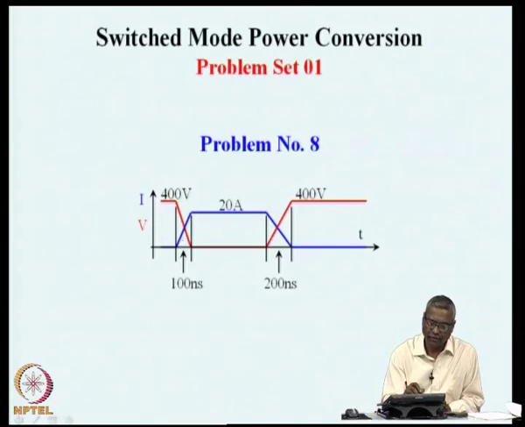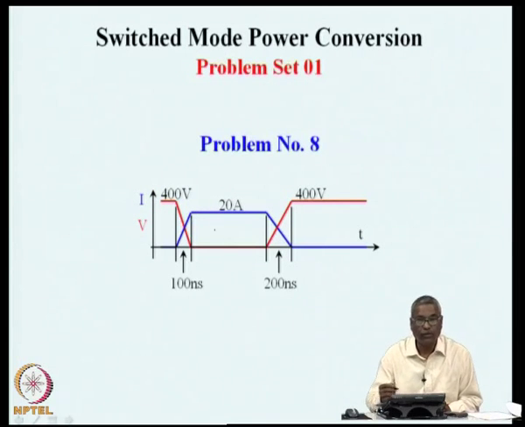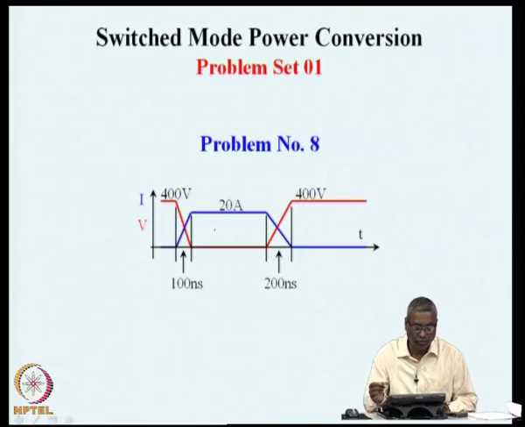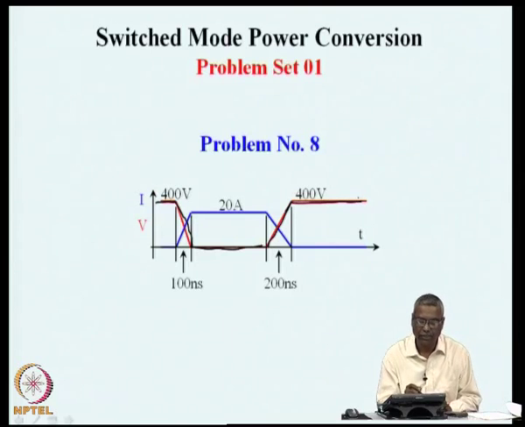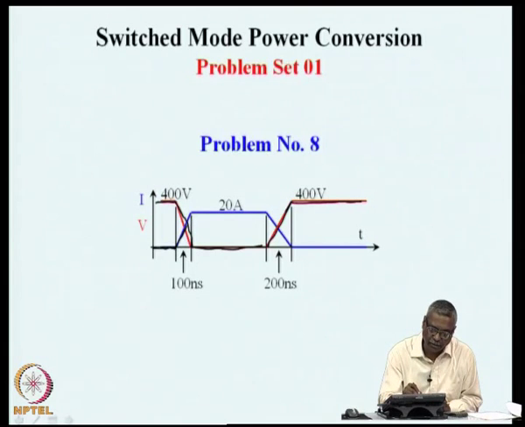You see that the voltage starts with 400 volts, and when the device turns on, this voltage drops down all the way to 0, and then when the device turns off, it jumps back to 400 volts. And correspondingly, when the device turns on, current goes to 20 amperes, and then when the device turns off, current drops to 0 ampere.